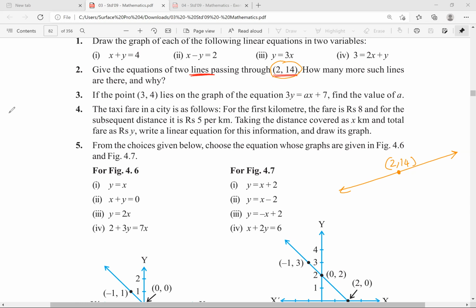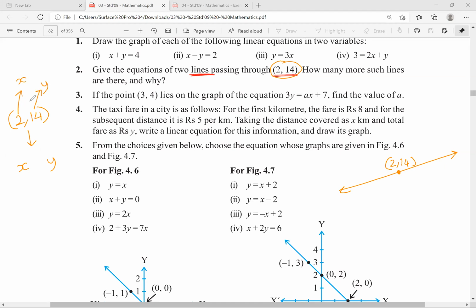Yes. Okay, so that means 2 comma 14 has to satisfy the equation, whatever that equation is. That equation is going to have x, it's going to have y, and it's going to have a constant. Over here I can see that my x coordinate is 2 and y coordinate is 14.